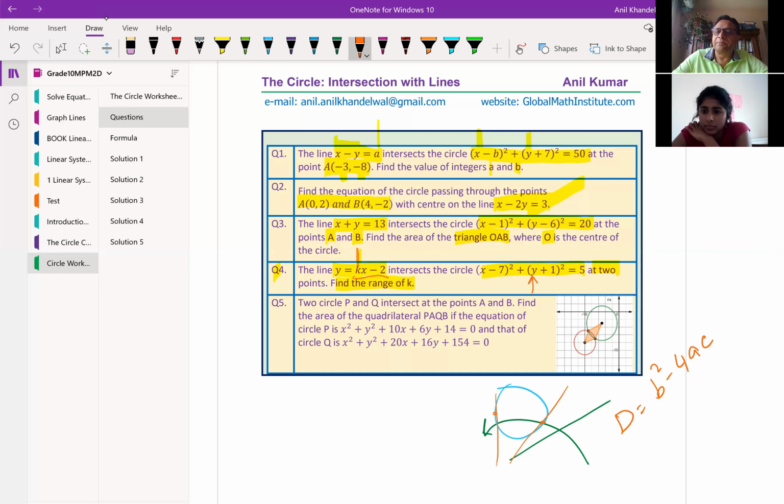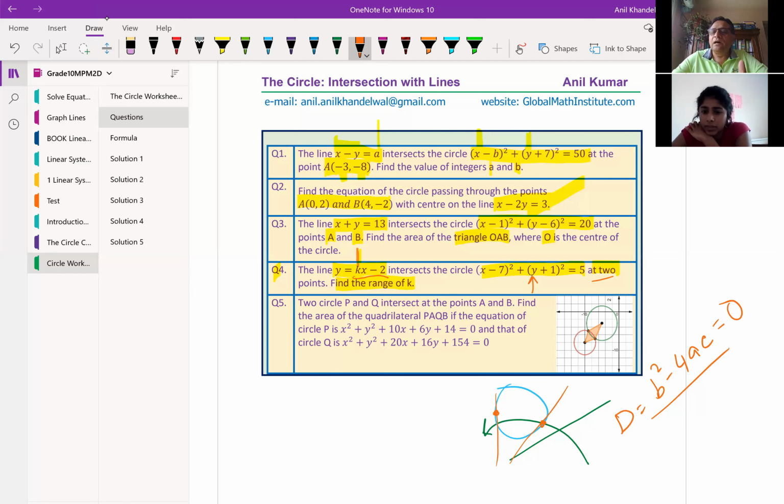So now you have this b squared minus 4ac. Since we really want 2 points, for me, I will always calculate when it is 0. This is simpler. So when I find when it is 0, then I get 2 values of k, which are these 2 values. Is that clear to you?